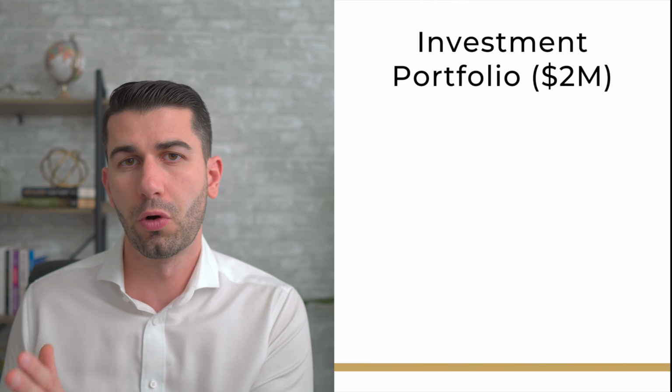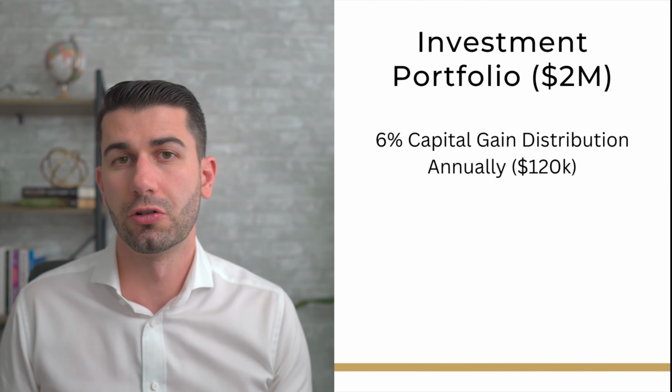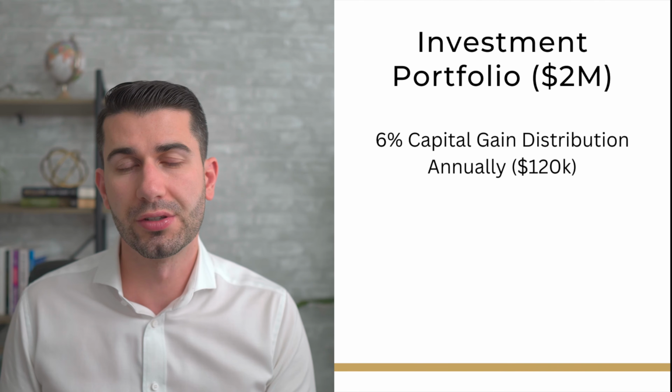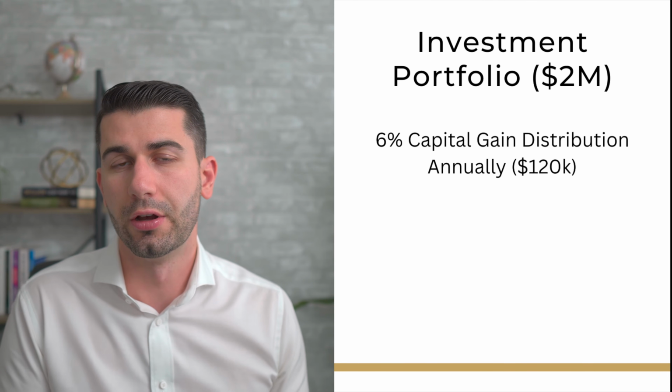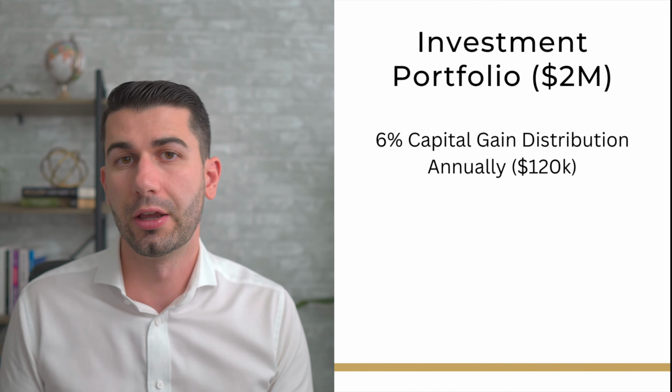Let's assume that his corporate investment assets, his $2 million portfolio, generate a 6% capital gain distribution on an annual basis. What that looks like is $120,000 of capital gains generated annually.